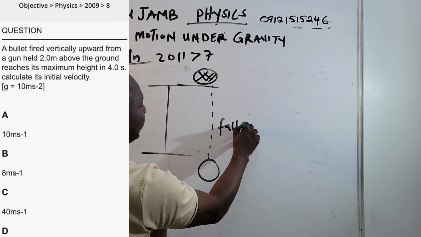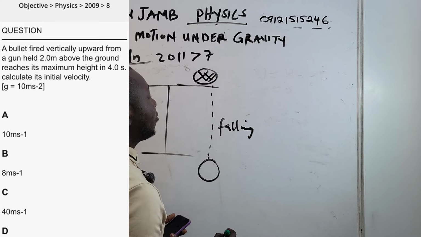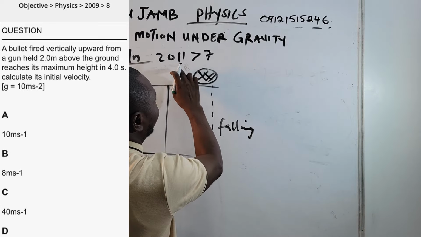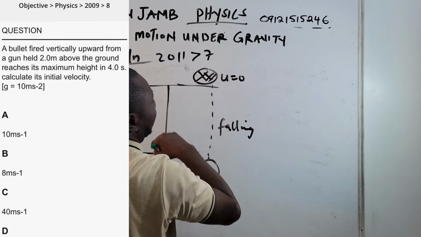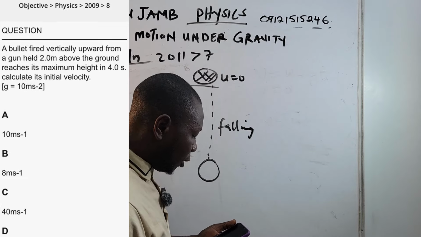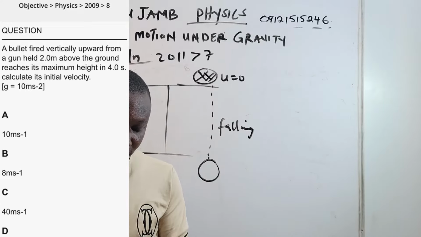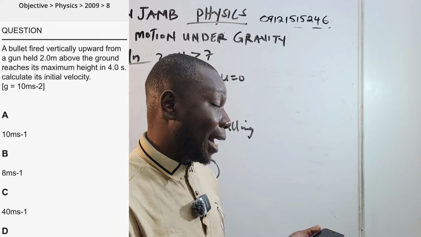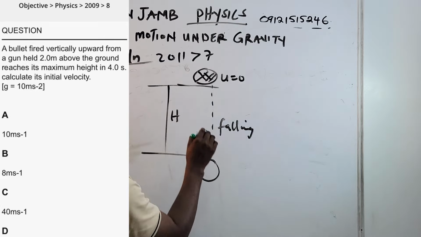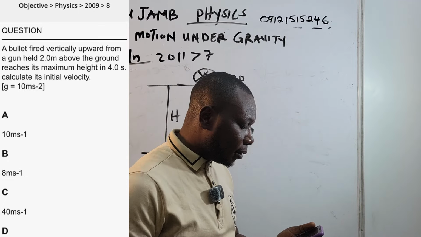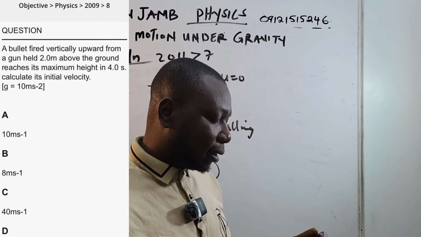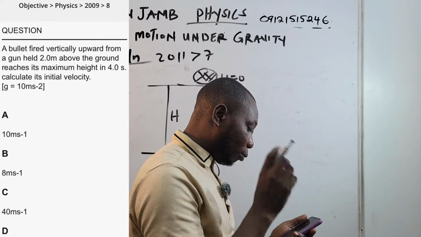Before falling down, the initial velocity of this body will always be 0. From a certain height, let's say here is h, what is the distance covered by the object?